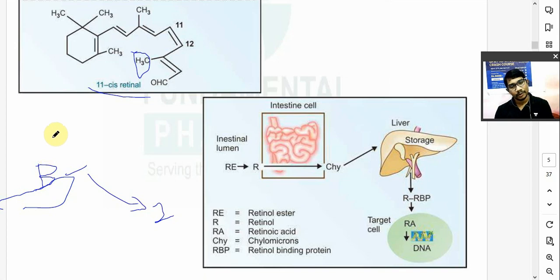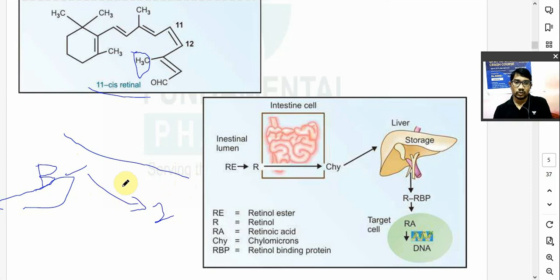Retinol ester. So that is broken down first, converted into retinol. So retinol esters are converted to retinol, and then it is absorbed through the intestine, and immediately after absorption converted into retinol ester.